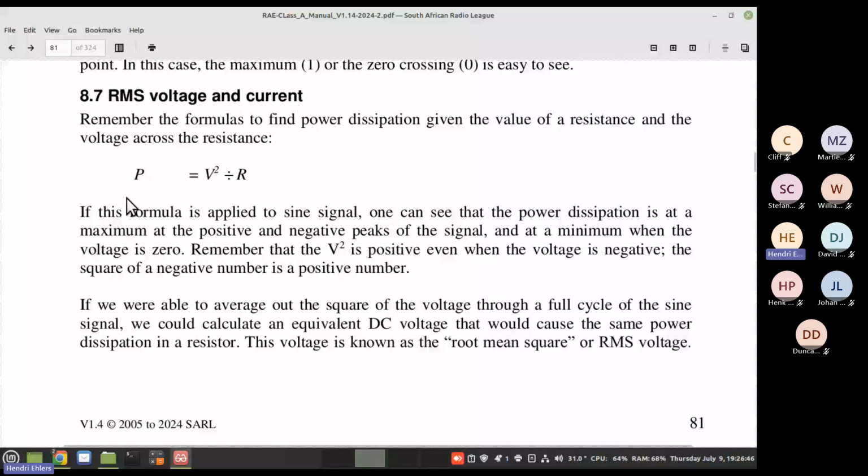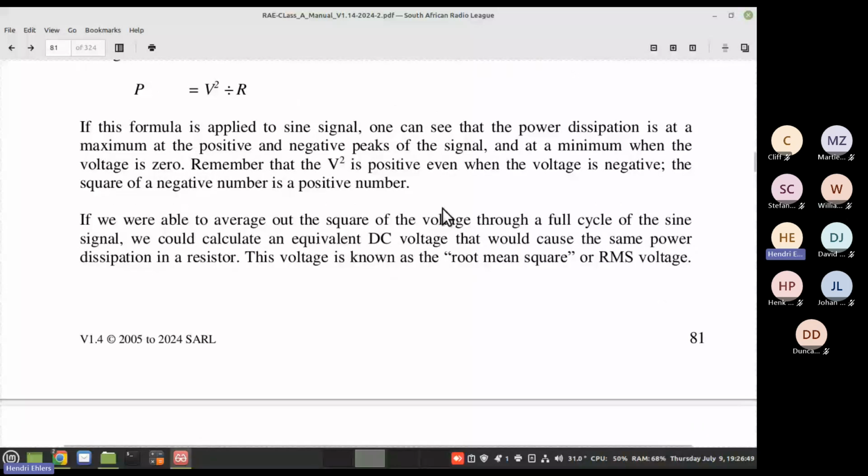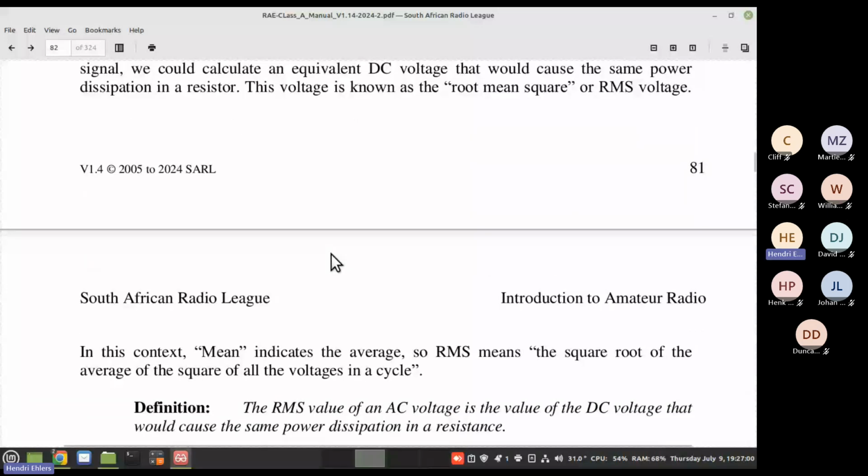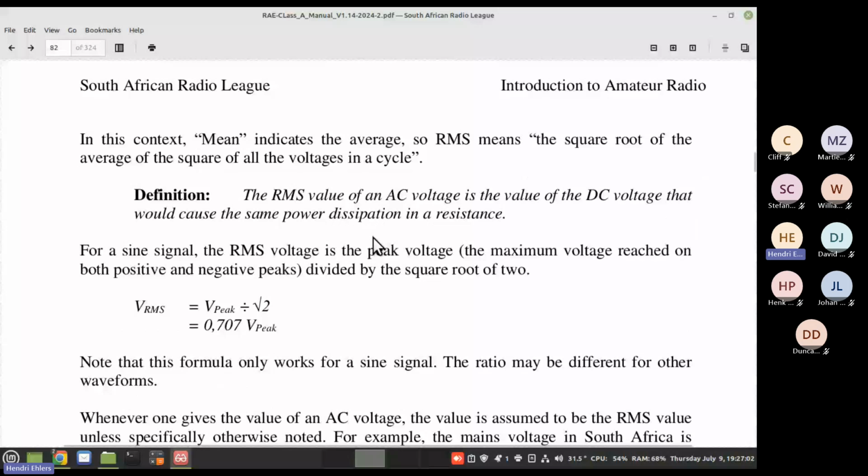Right, we're going to work with figures just now. There they say to calculate equivalent DC voltages. Root mean square. So that's correct. The RMS value of an AC voltage is the value of the DC voltage that would cause the same power dissipation in a resistance.